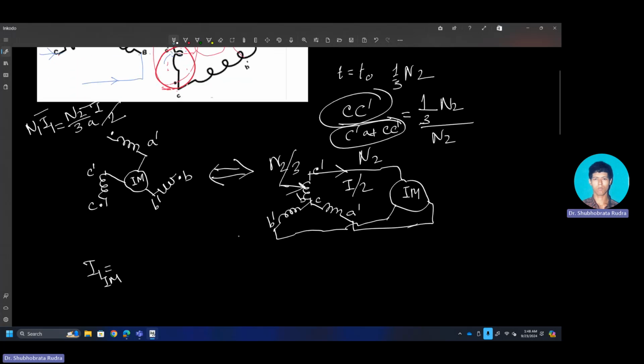This becomes 1 by 3 I. Now what is the angle? The angle is minus 36.86. So this is my I1A. So now what we need to do, we need to find out that I1 will be what?